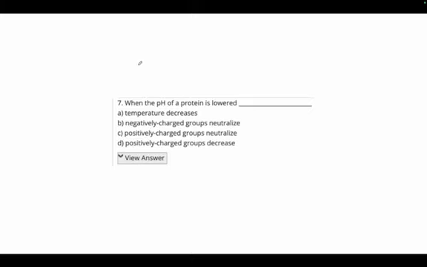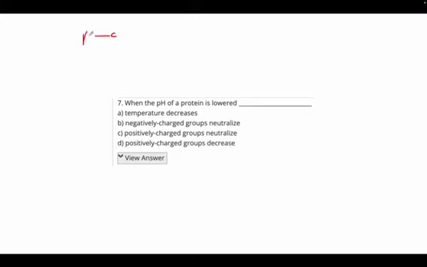This question is, when the pH of a protein is lowered, dash will happen. We remember that the protein is made up of amino acids, and each amino acid has 3 ionizable groups, right?